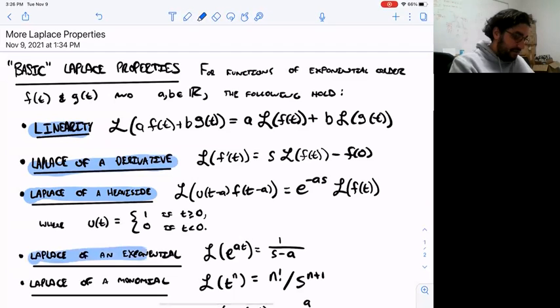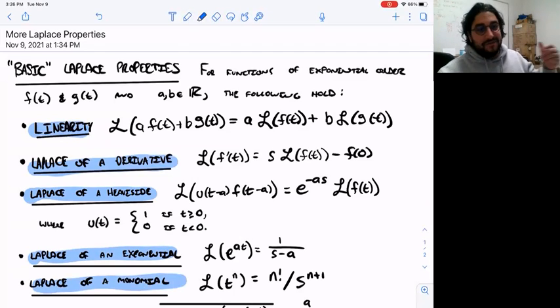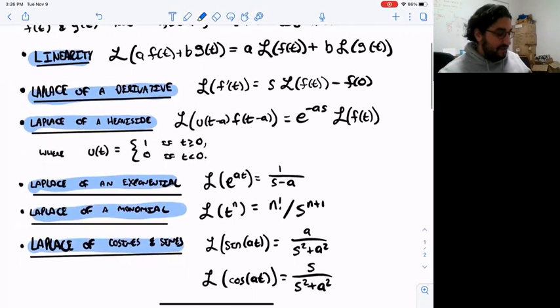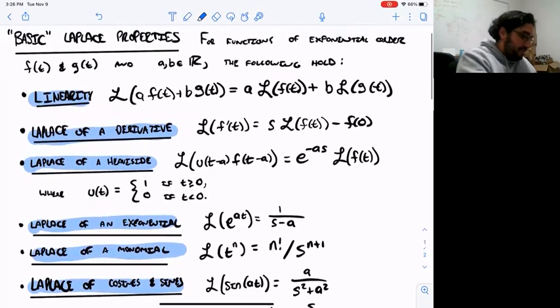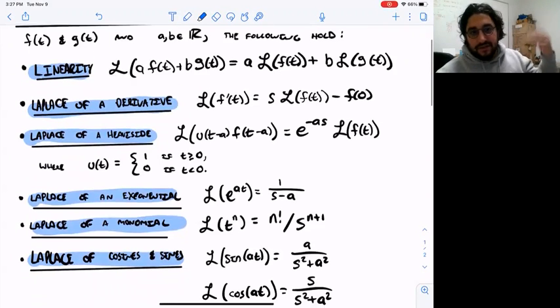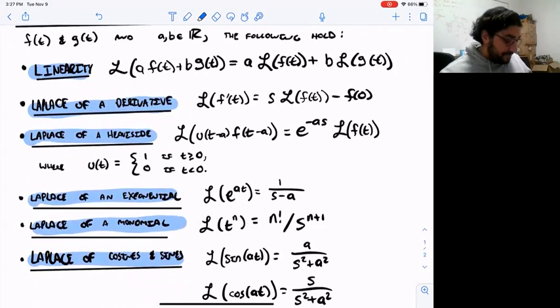How do you take a Laplace transform of an exponential function, of a polynomial, or of a monomial, which then with linearity can be combined to create a polynomial, or say the Laplace transform of the basic trig functions, sines and cosines? So these we use all the time when we're using Laplace to solve differential equations.